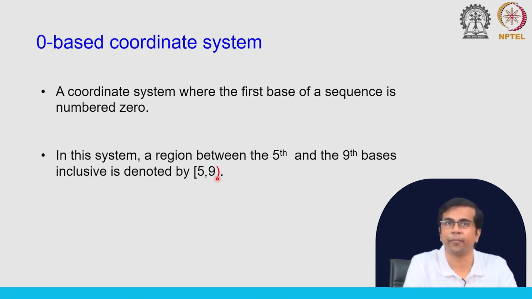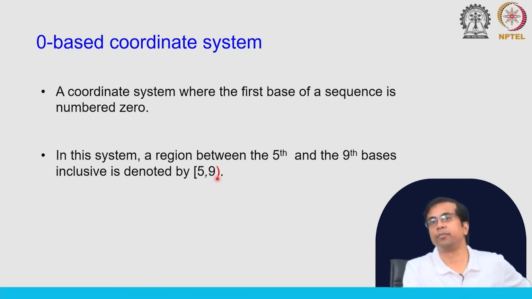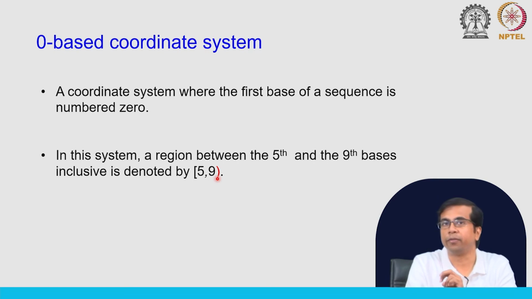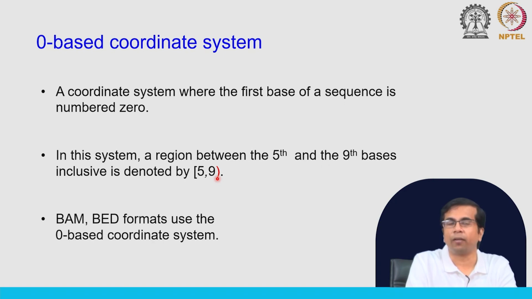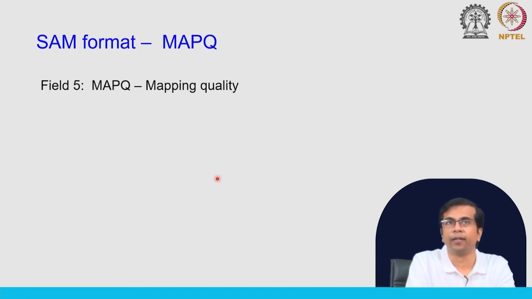In the same example, between the 5th and 9th base inclusive, in a 0-based system this will be denoted by [5, 9) with an open bracket, not the closed bracket. BAM and BED formats, as well as other ones, use this 0-based coordinate system. Again, this is important to know if you are working with these files and writing code to extract data from them.